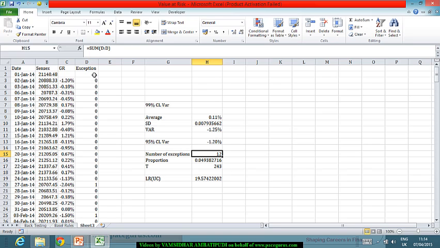So first thing is, if VAR has exceeded, I'll set it to 1, and if VAR is not exceeded, I'll set it to 0. Then I am finding out Tij as the number. I'll introduce one calculation called Tij, the number of days in which the state j occurred in one day while it was i in the previous day.